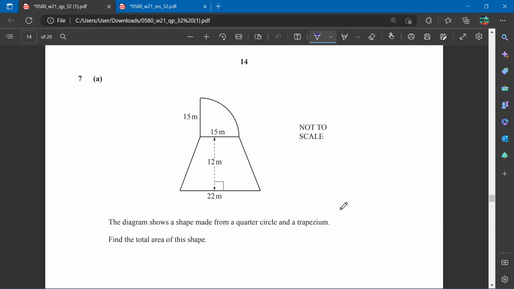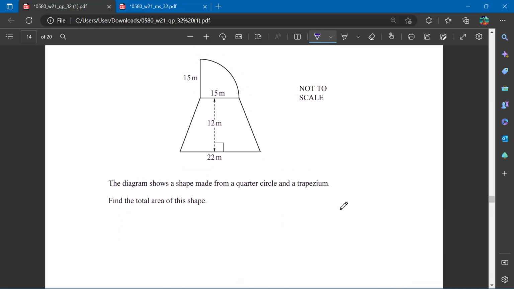Right, 7a, we got 2 shapes. So let's do them separately. Let's do, first of all, call this 1. Okay. It's a circle or a part of a circle. We're talking here about area. So you will write down the formula for the area of a circle is A equals pi r squared.